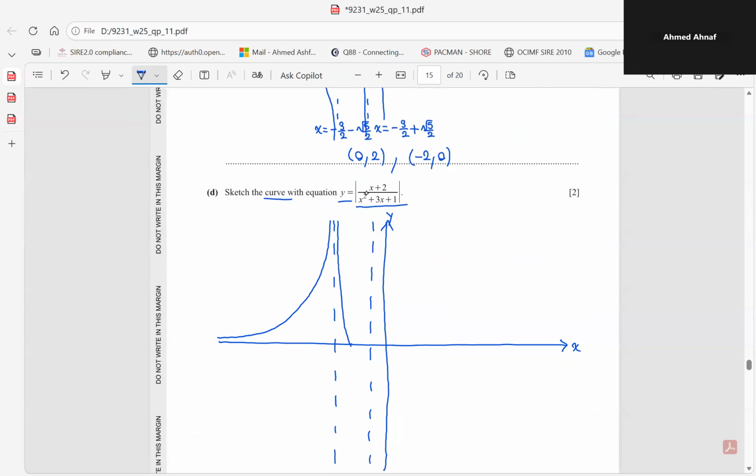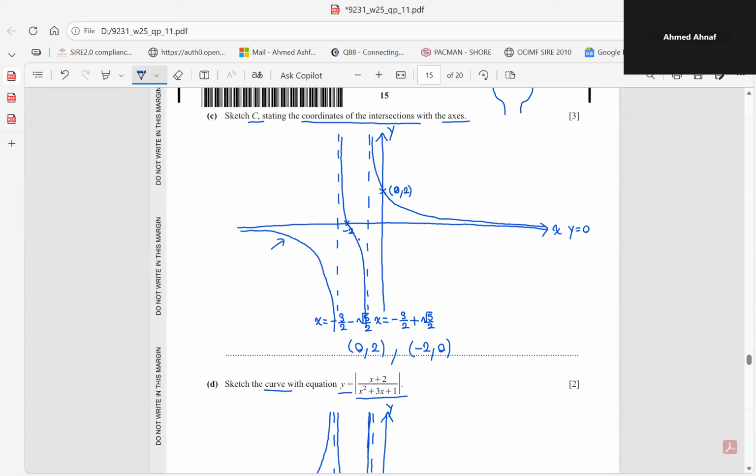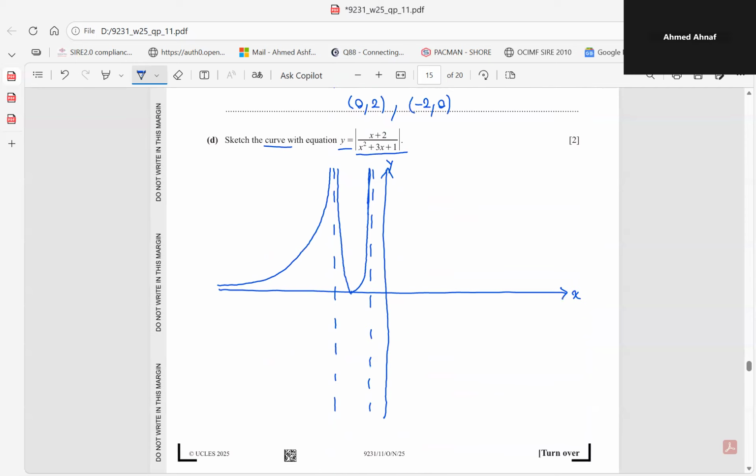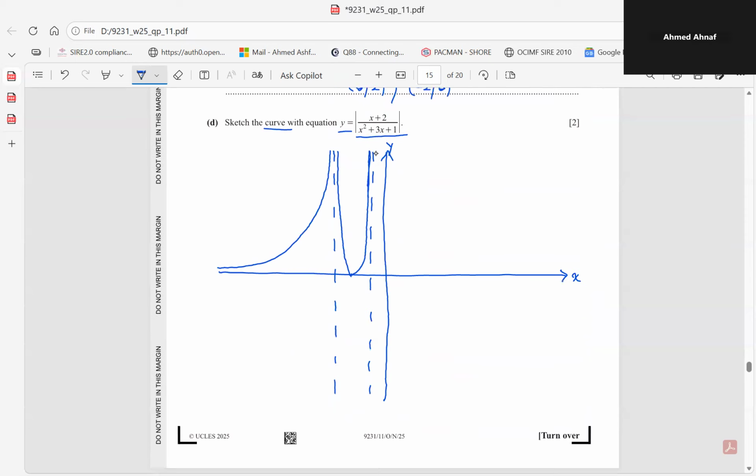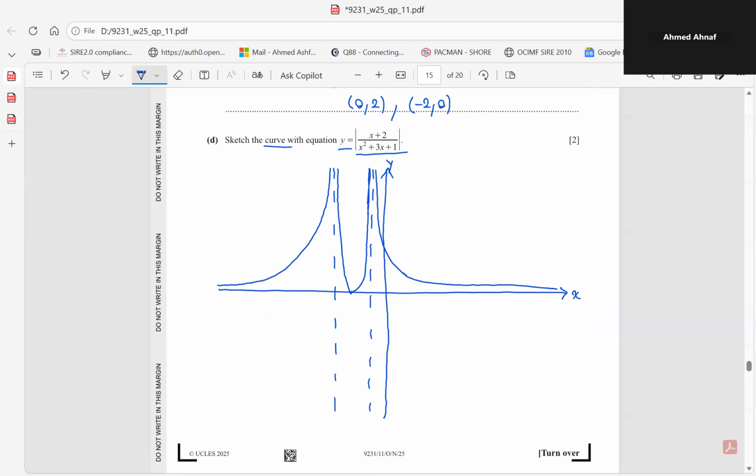Okay, so it's more like this. Yeah, and the other one, we can just leave it as it is. Yeah, so this is our curve.